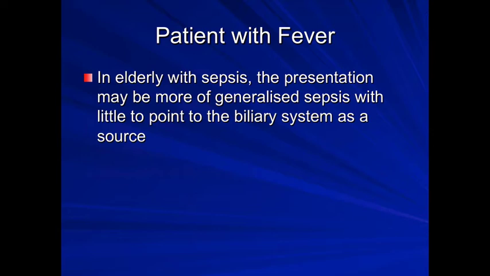The patient may not have right upper quadrant pain. They may not be jaundiced. They may have some mildly abnormal liver function tests, but that may be due to the generalized septic state. So it's always worth bearing in mind in the patient who's got septicemia of unknown origin that the biliary system may well be the source.